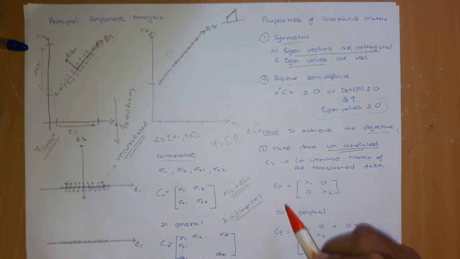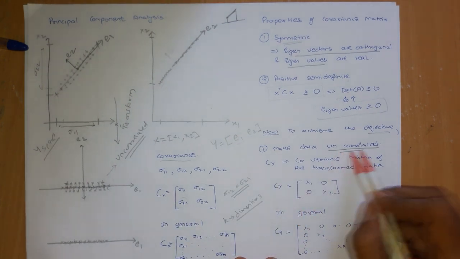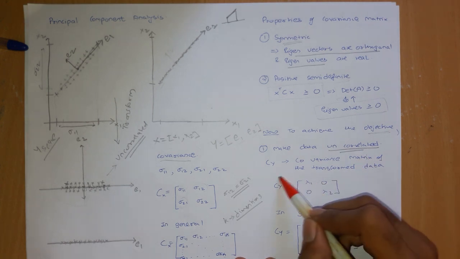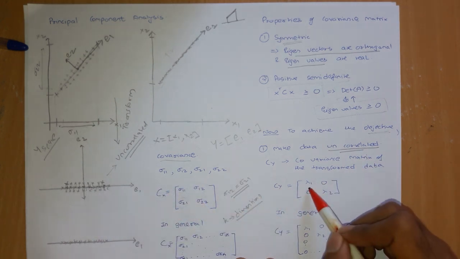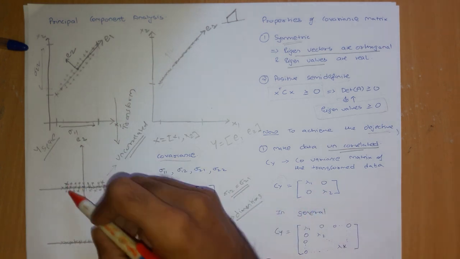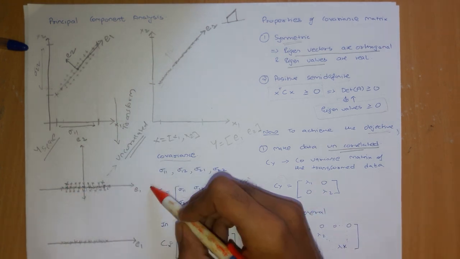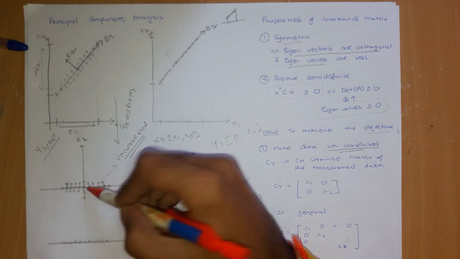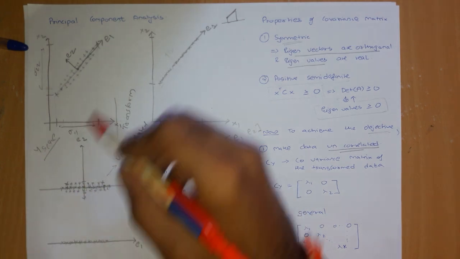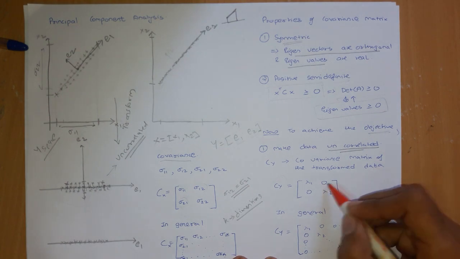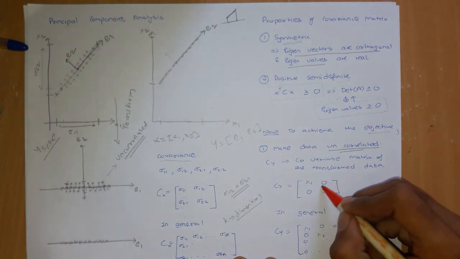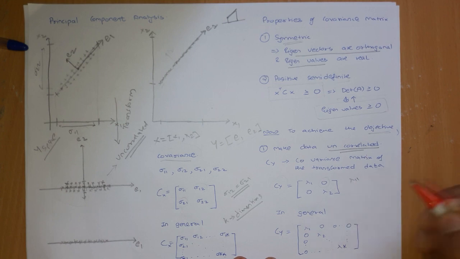Okay, so what I want is uncorrelated data. The covariance matrix of y, the covariance matrix of this data, should just have some variance in the E1 direction, some variance in the E2 direction, and it should not have any covariance.